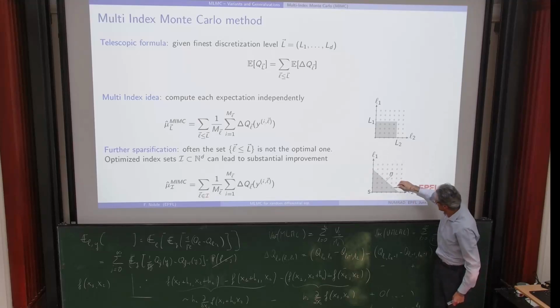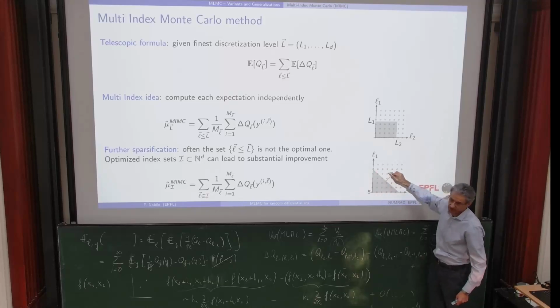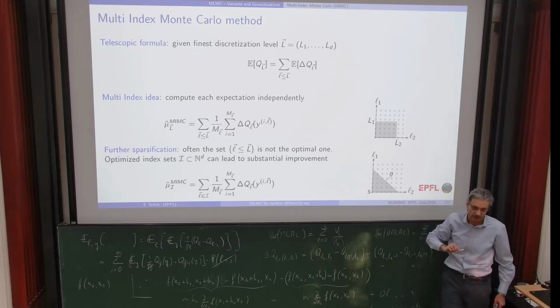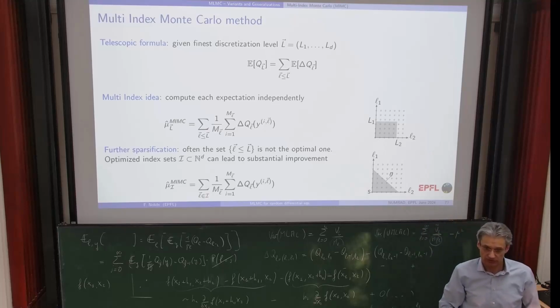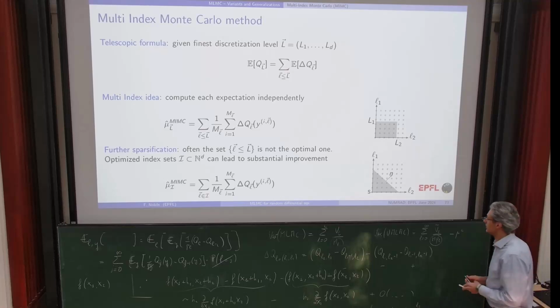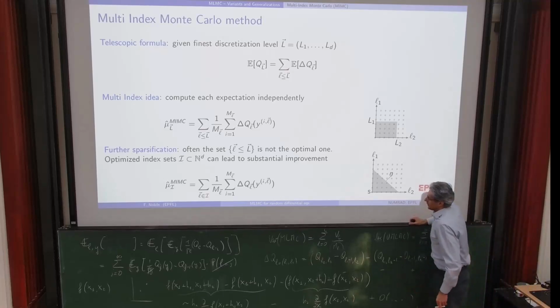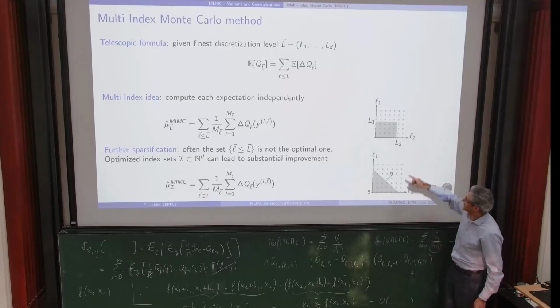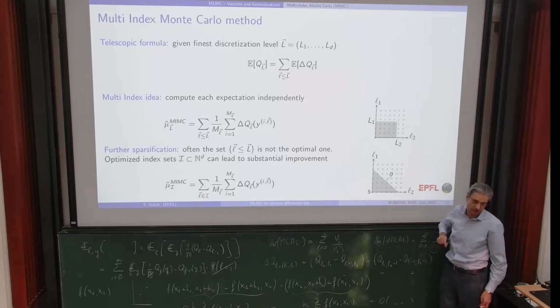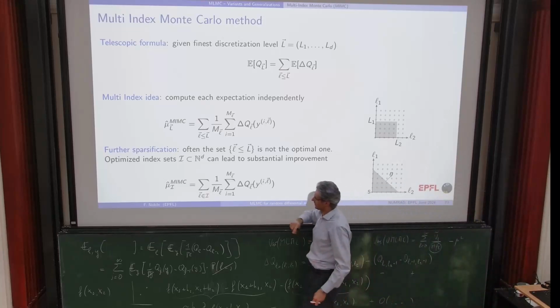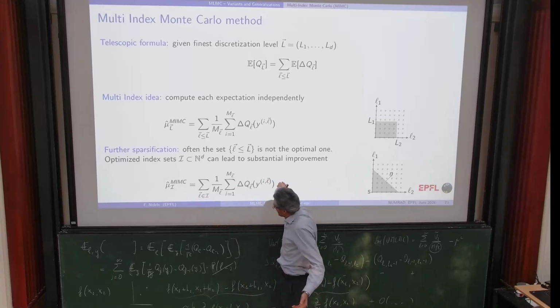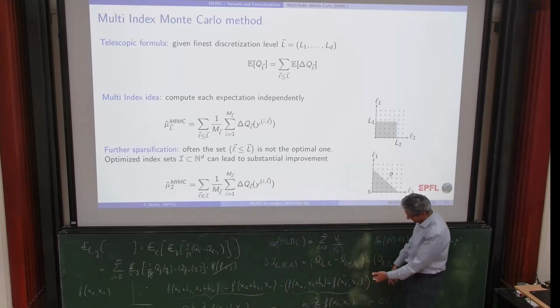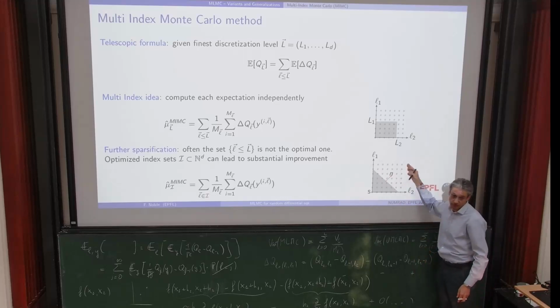If I target a certain accuracy, I should add all those lines up to this accuracy, and then there is not much point in going further than that. So that's what is called the sparsification idea. And this will be actually much more effective than that one, under the assumption that you have this mixed type regularity. So that will be the final estimator.